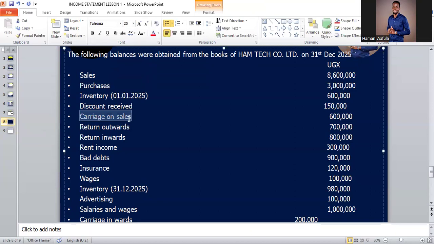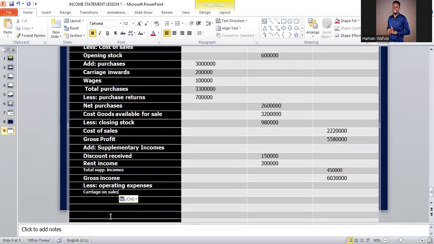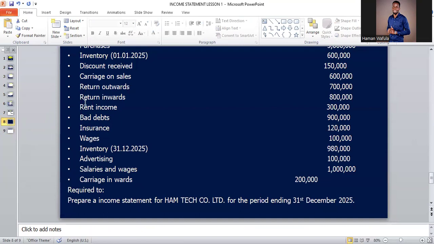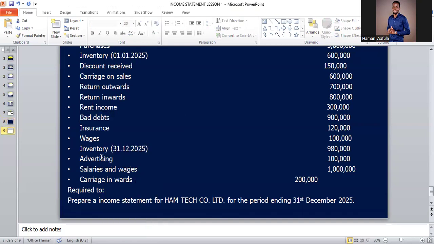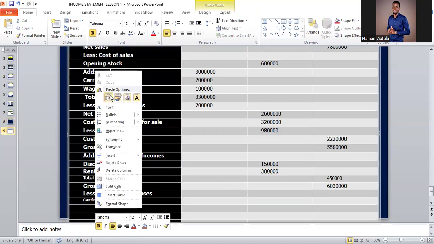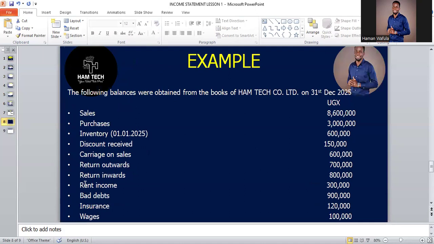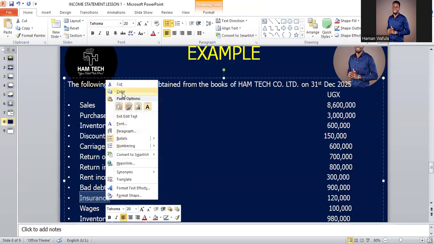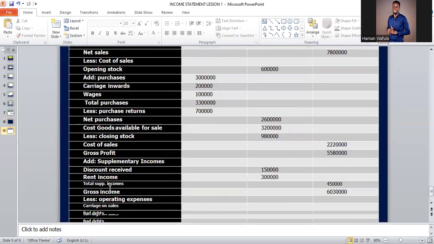We have carriage on sales, which is when we have bad debts. Then we have insurance.